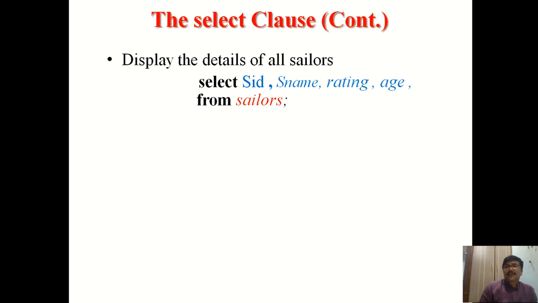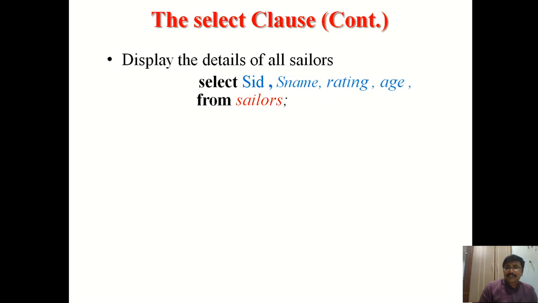The next one, display the details of all sailors. That means we display the columns we have in this sailors table and the rows in this sailors table, the entire table. For this the query is select. Select always allows an attribute or attributes. So here the sailors table has 4 columns, and those can be listed here.